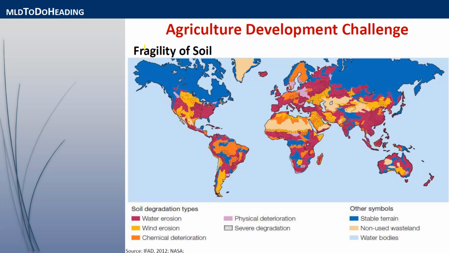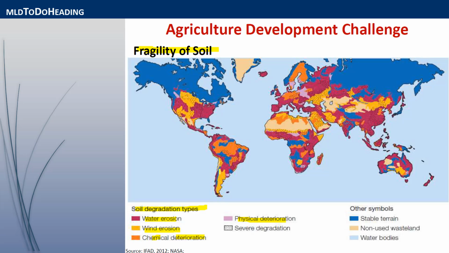And this heat map shows the fragility of soil. There are some issues related to soil degradation, like erosion by water, erosion by wind, deterioration by chemicals, and some kind of physical deterioration. All these degradations are represented by the heat map.